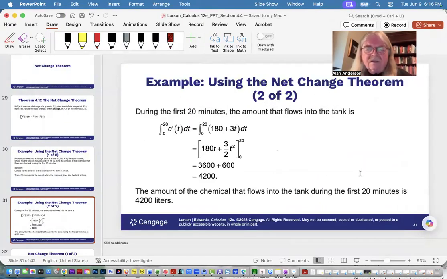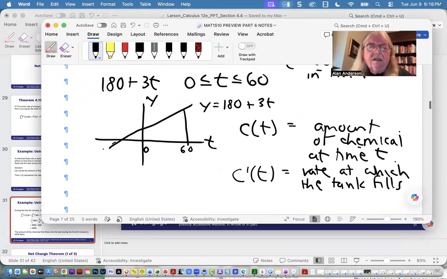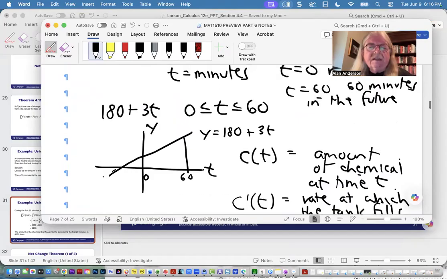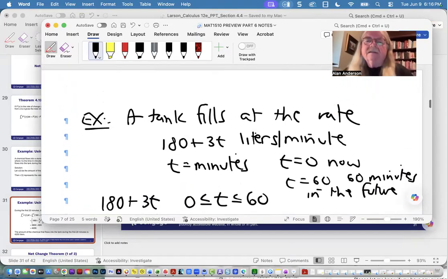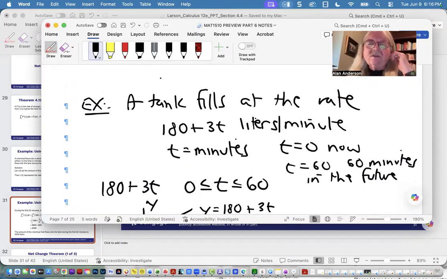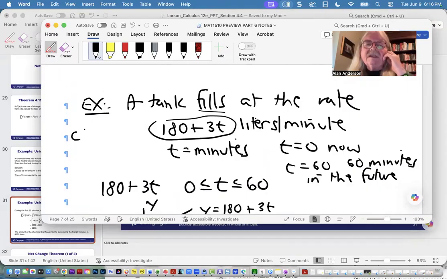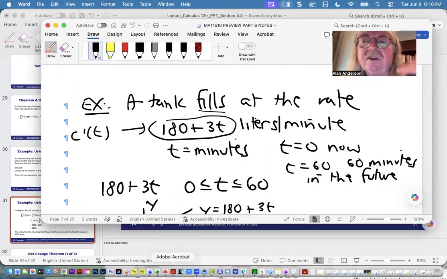So what they're going to tell us here is that function you're seeing there, although, yeah, they did tell us. Because they told us that it fills, that means this is actually not C of t, it's C prime of t. Because that's the rate at which it's filling the tank, not how much there is at any given time, but how fast it's filling. Okay.